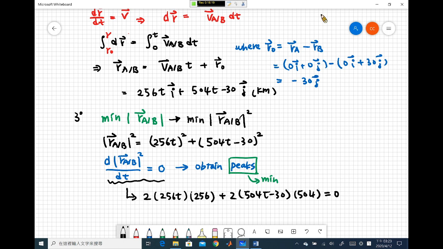Then you get t equal to 0.04732 hour, or you can convert it back to seconds, 170.3 seconds.